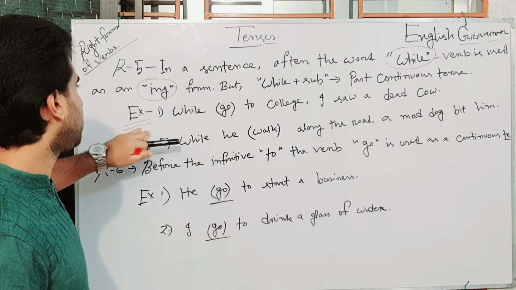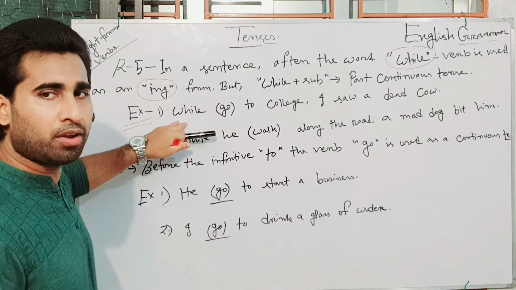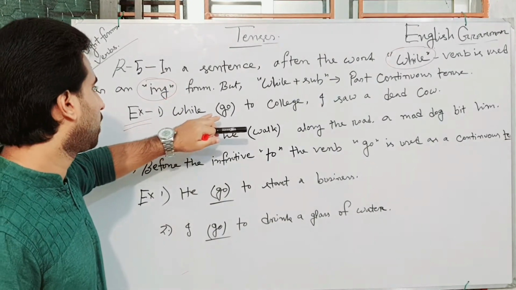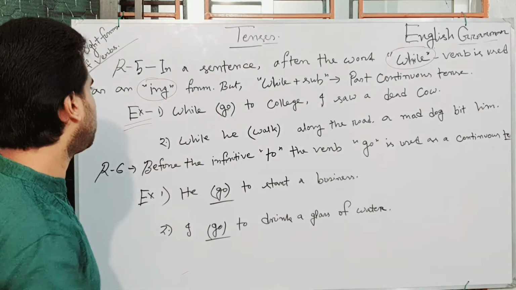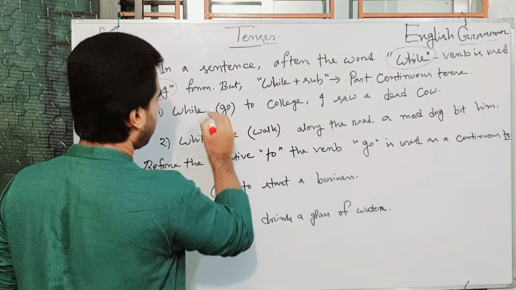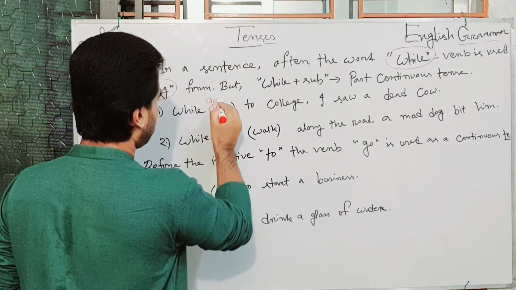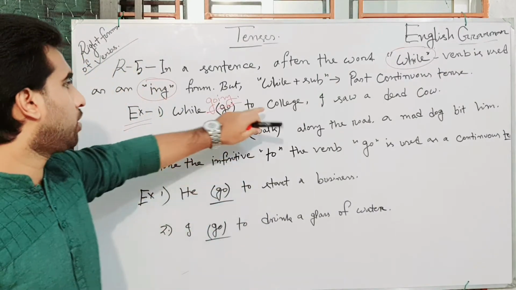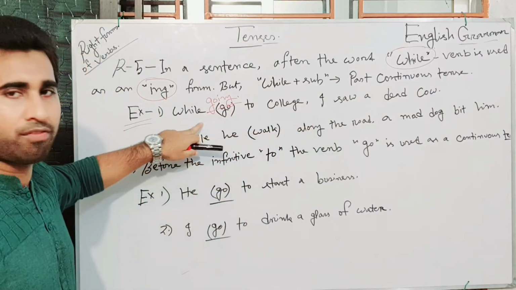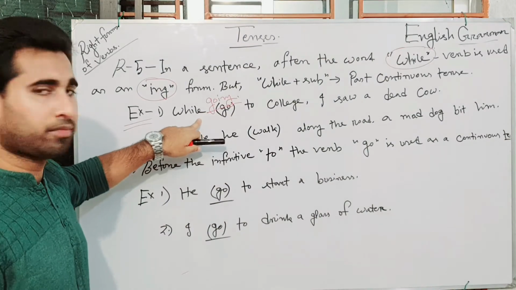This rule says that after "while" we have to use an ing form of the verb. So here, "While going to college, I saw a dead cow" is the correct form of the verb.